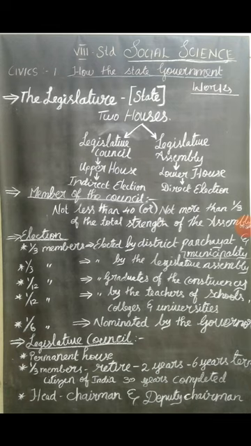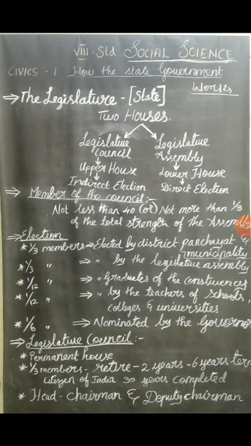Last one, the chairman and deputy chairman. These two persons are very important because the chairman is the presiding officer and head of the legislative council.